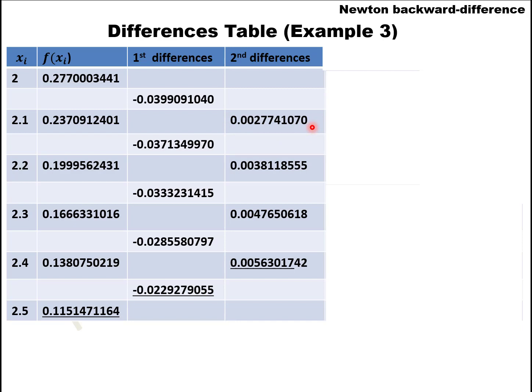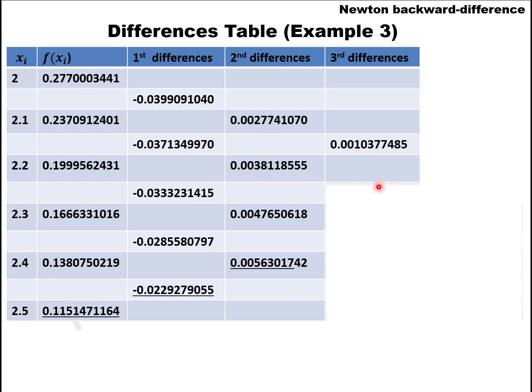Now let's come to the next difference, the third difference. This value minus this value gives me this difference. So I'm using the forward. So this value is equal to Δ³ f(x0). This minus this will give you this value.